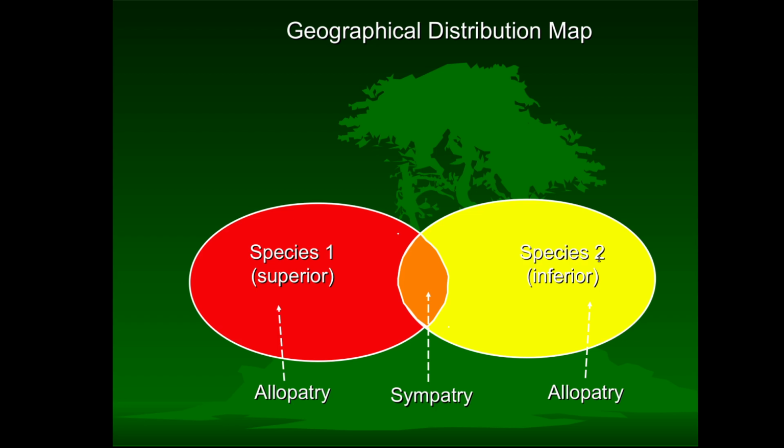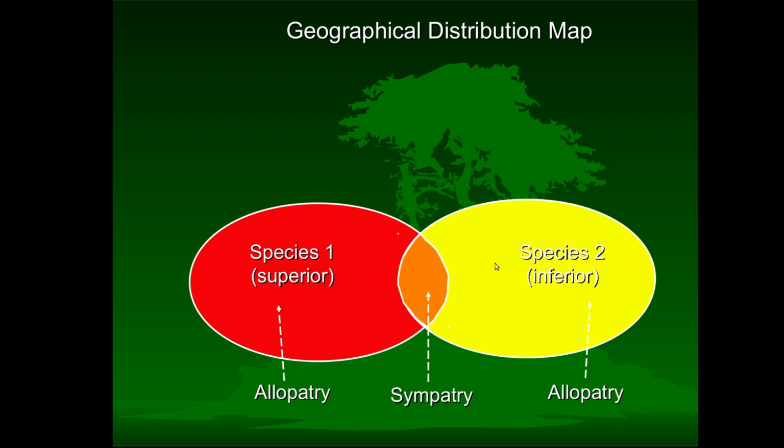All right, so here's his basic argument as we would express it today with some important new terminology. So imagine we have two competitors and one is superior to two. So it's very likely that these species have two different distributions in nature. They don't occur together everywhere. Where they occur together in the same geographical region or area, they're living in what's called sympatry, together in the same place.